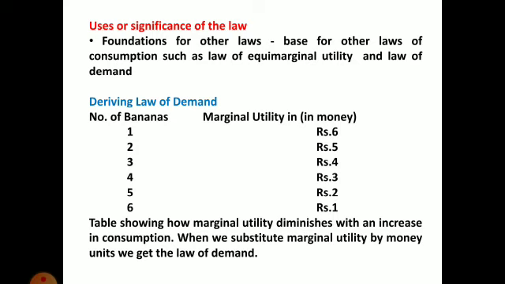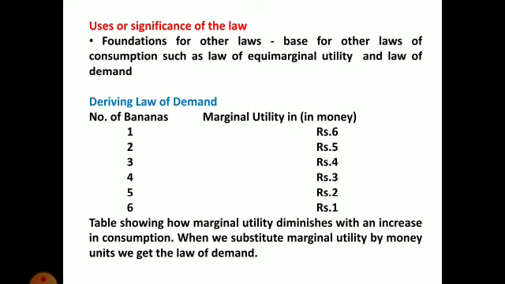When the price of the commodity is rupees 6, the number of bananas consumed is 1. When it is 5, it is 2. When it is 4, 3 are consumed. So here we are showing the marginal utility in terms of money.